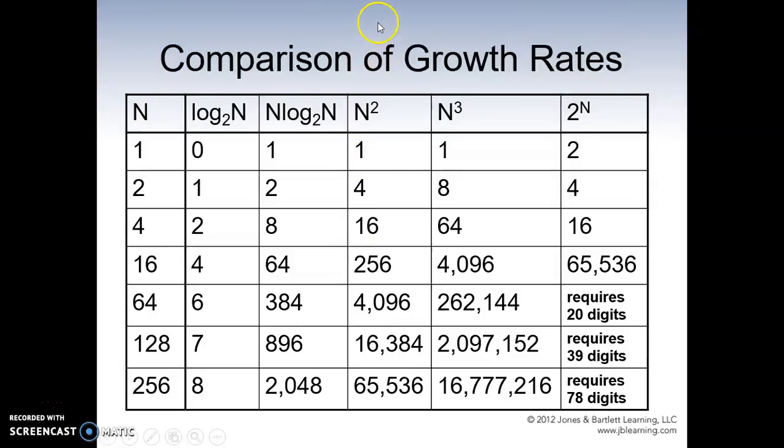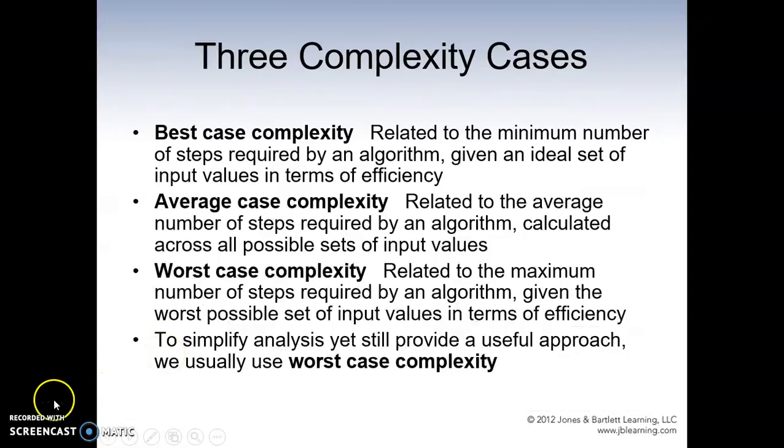If you happen to have n squared, 65,000. N cubed, 16,000,000. This is like 3 nested loops. 2 to the n is just infinite, a lot. So there are cases for complexity: best case, average case, and worst case.